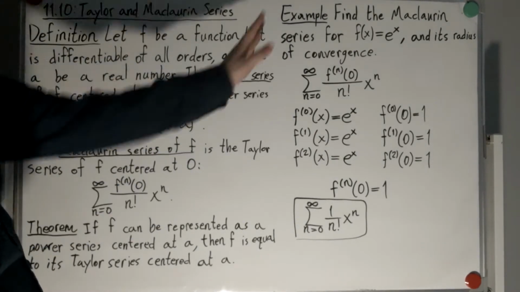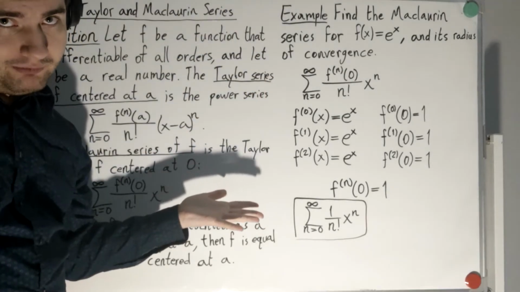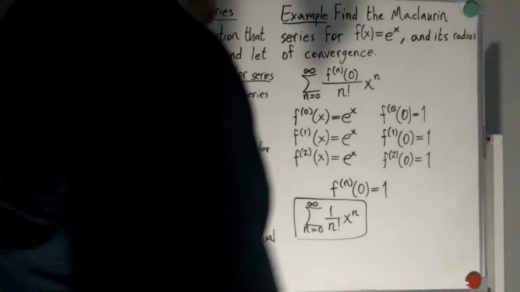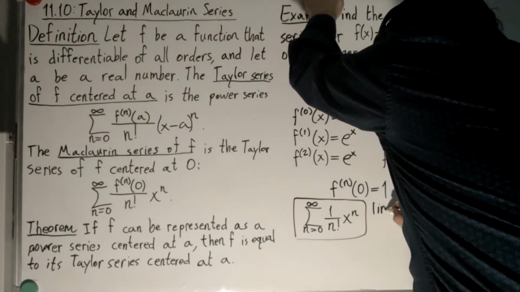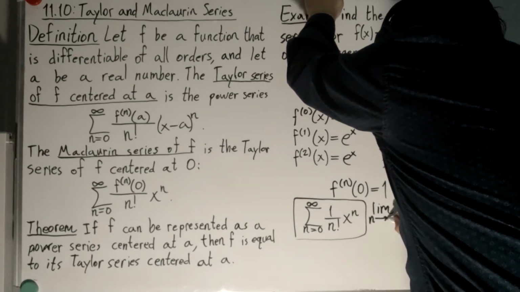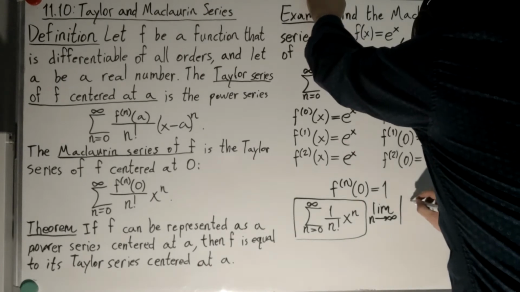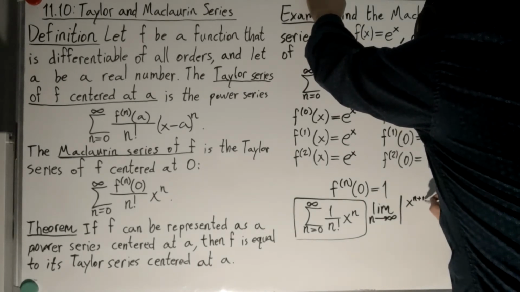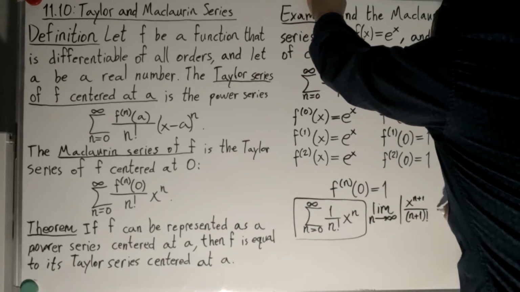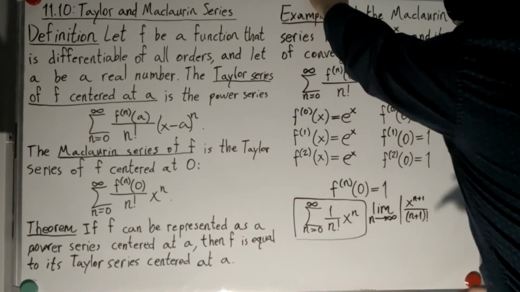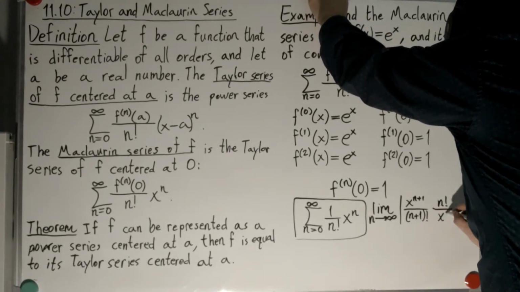Next up, we need to find its radius of convergence. Well, that's just a ratio test problem, right? So if you want to find the radius of convergence, you just have to take the limit as n approaches infinity of the absolute value of a_(n+1), which is just going to be x to the n plus 1 divided by n plus 1 factorial, times n factorial divided by x to the n.